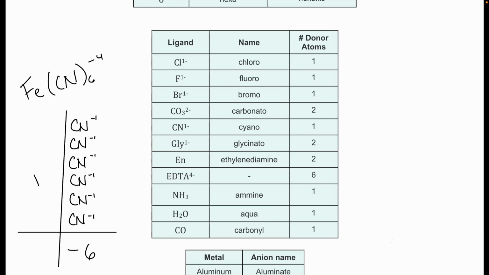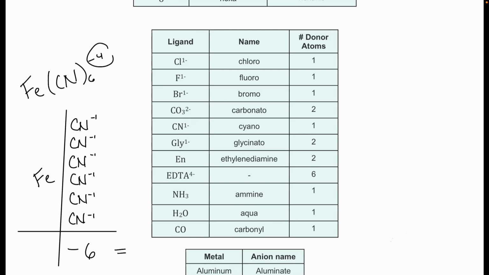And what do the sum of my oxidation numbers have to equal in this compound? That net charge of -4. So then what? -6 gives you -4 plus 2.